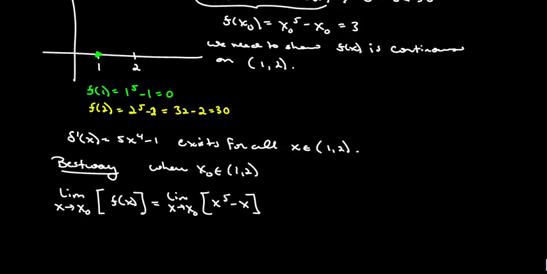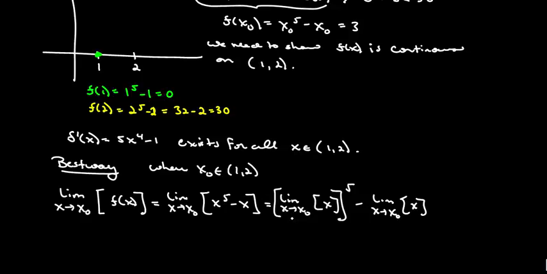Now, by using the limit laws, this is the limit as x approaches x naught of x to the fifth, minus the limit as x approaches x naught of x.